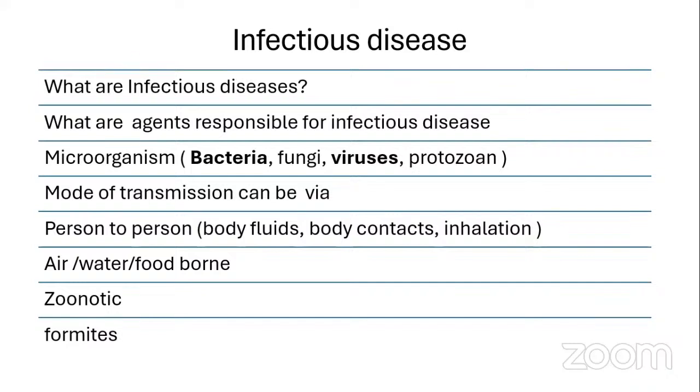Now, among these four, bacteria and fungi represent the major agents for infectious disease. The two organisms, bacteria and fungi, are the most implicated during infectious disease.